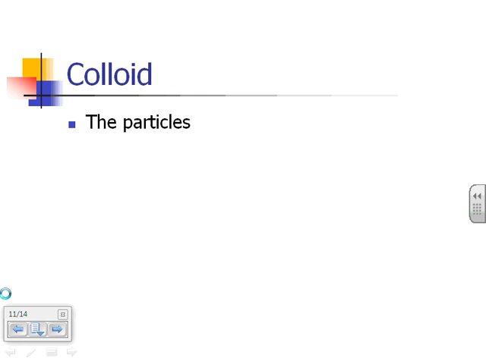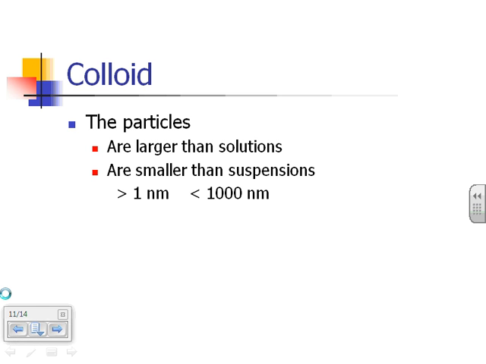Colloids, the particles are larger than solutions but smaller than suspensions, so they're going to be the mid-size particles, greater than 1 nanometer, less than 1,000 nanometers. It's a good time to mention that solutions will be less than 1 nanometer.